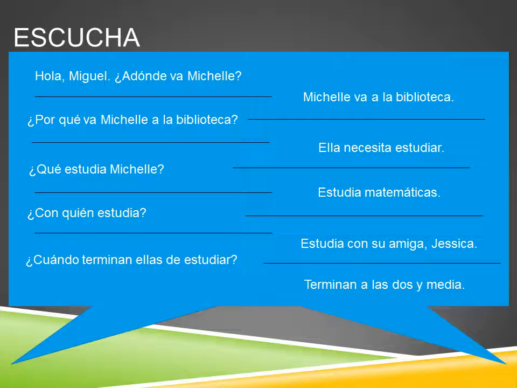What studies Michelle? So it's question word, verb, the subject is Michelle. ¿Con quién estudia? With whom? Question. Estudia, verb. And then if we were going to have a subject in there, we would put Michelle at the end. So that's the general order of these kind of questions.